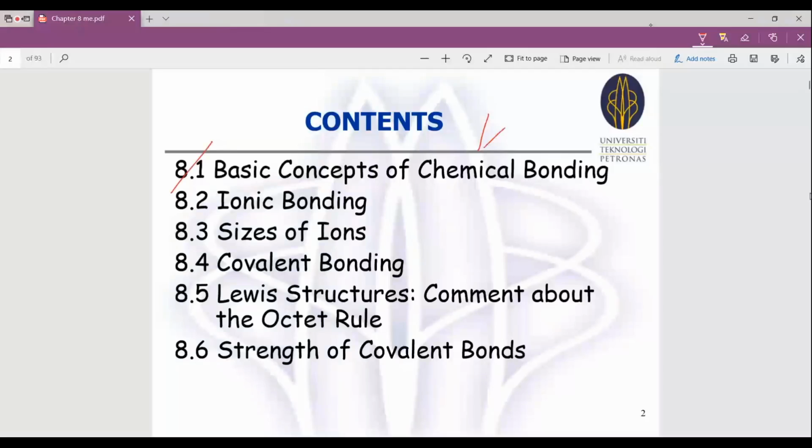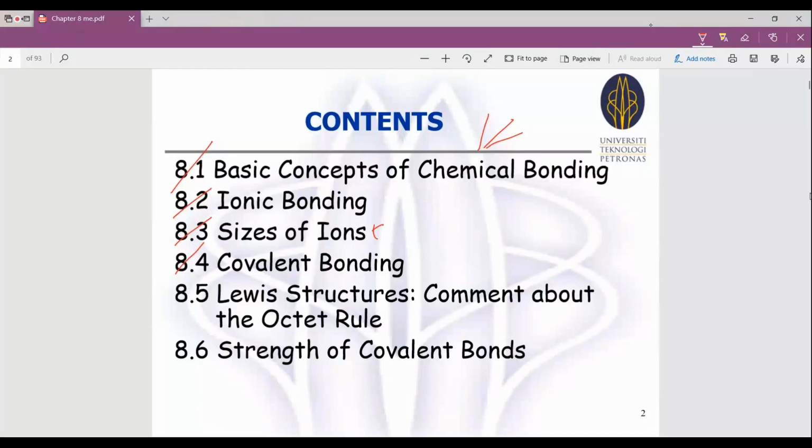Then we look at ionic bonding, and calculate the enthalpy or energy change when a compound dissociates to its gaseous atoms. After that we look at the size of the ions based on electronic configurations, what happens to the size when cations and anions form. And after that, the main subtopic, covalent bond.